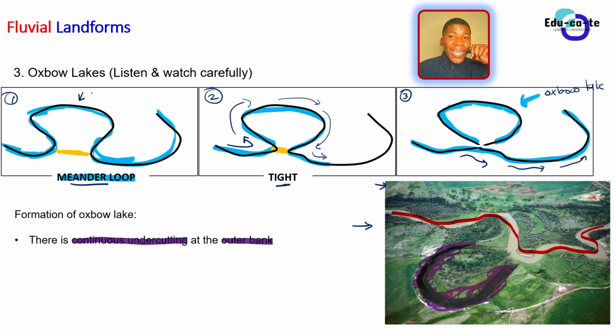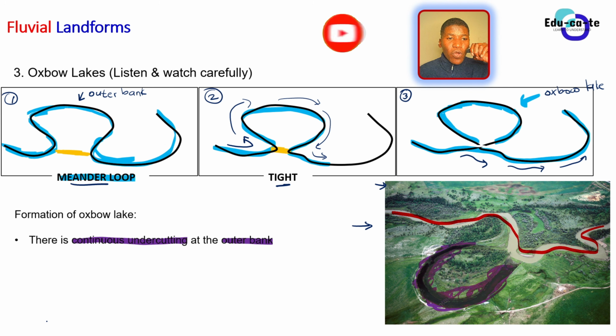So the undercut slope is basically the outer bank. Remember, we've said that at the outer bank, at the undercut slope, the fluvial process that dominates is erosion. So erosion is the fluvial process that will dominate.